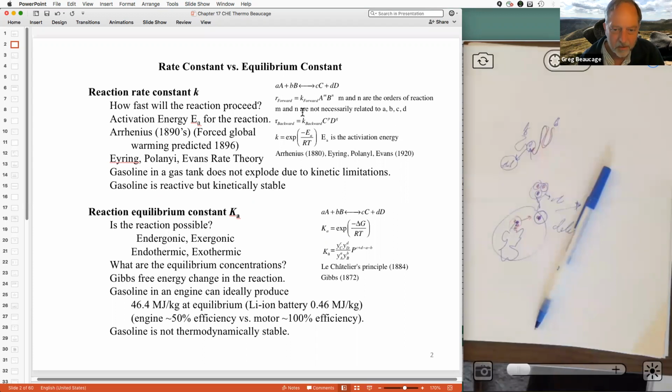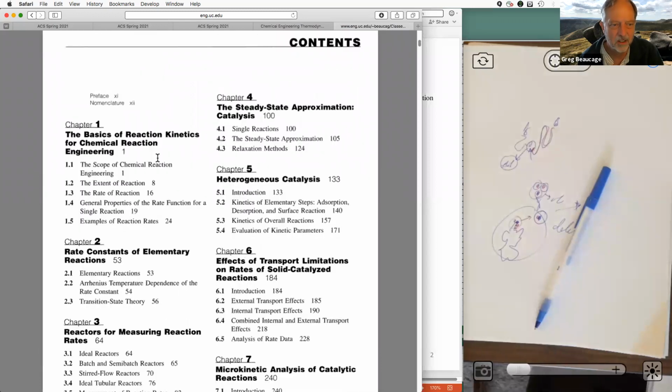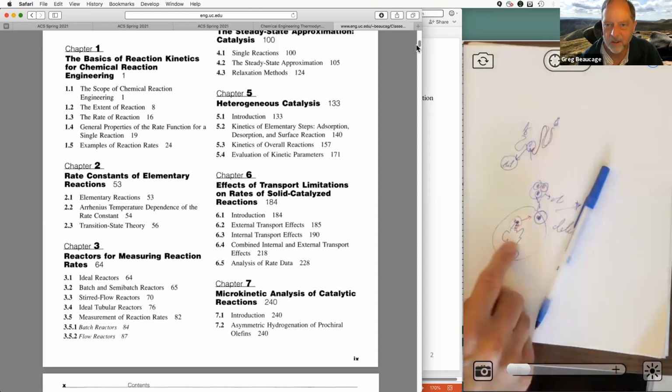Anyway, so these two things look the same. We're interested in only the equilibrium here. If you go to this book, it includes both. It's going to talk about equilibrium, and it's also going to talk about the kinetics, meaning the reaction rate constants. And then when you get into the kinetics, you have to talk about these catalytic sites, like heterogeneous catalysis is going to be things like, how does this reaction site look?